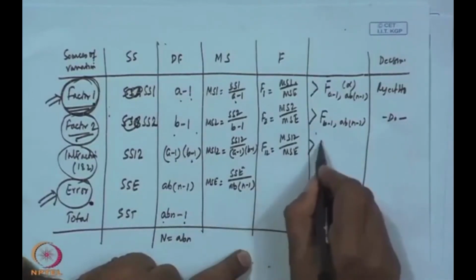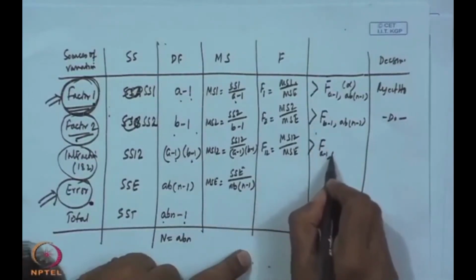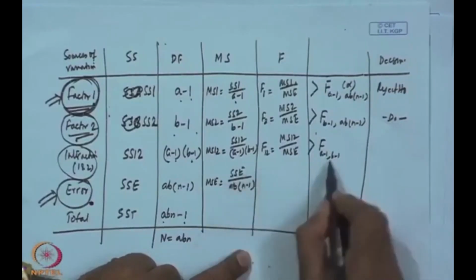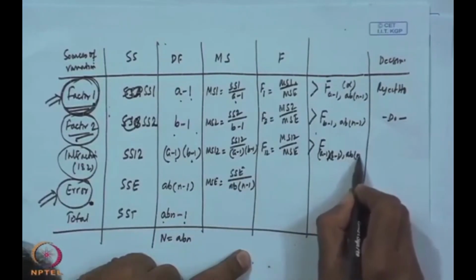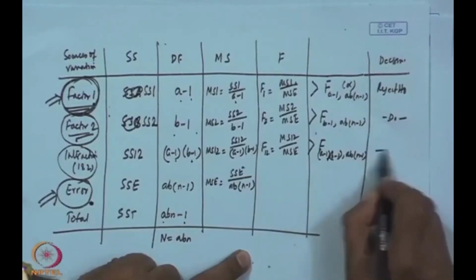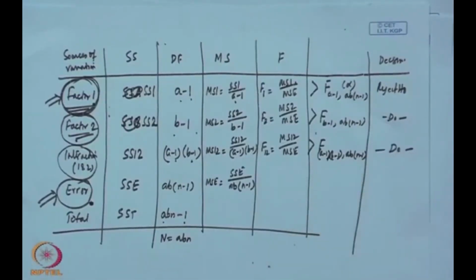If this one is F with A minus 1 and B minus 1, I think into A minus 1 into B minus 1 and AB(n minus 1), then do this. This is what is known as two-way ANOVA.